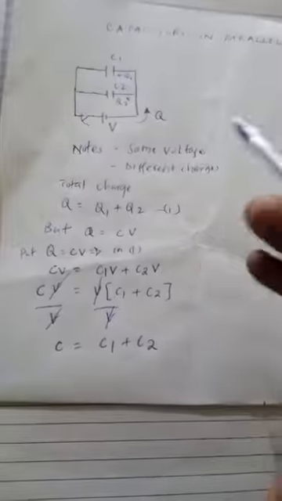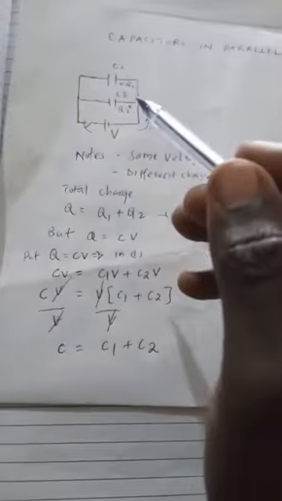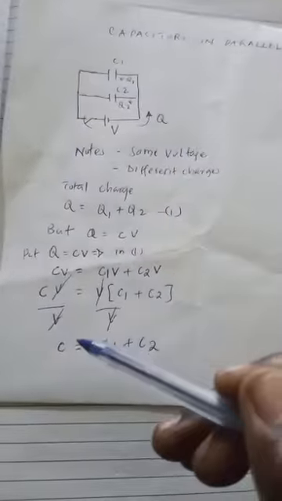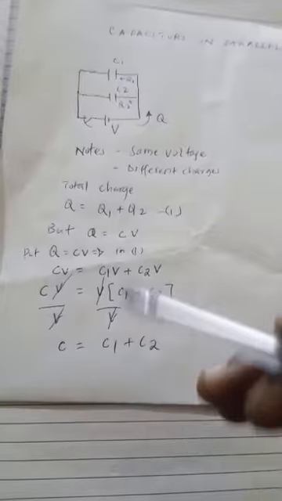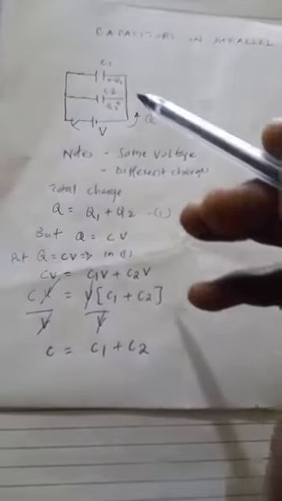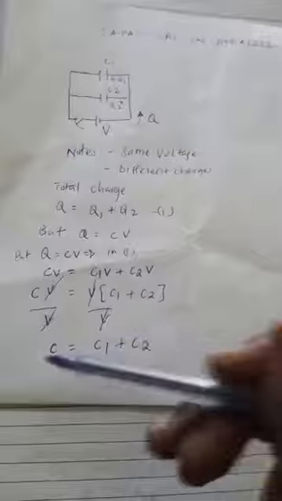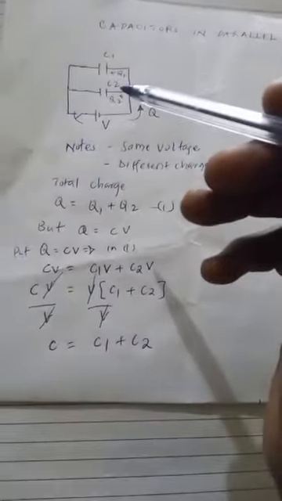So therefore, if for example I had to replace these two capacitors, I would replace them with a bigger capacitor of capacitance equivalent to the sum of the two capacitors' capacitance, meaning we are able to determine the capacitance of capacitors in parallel.